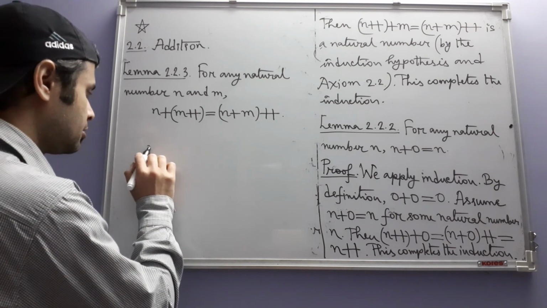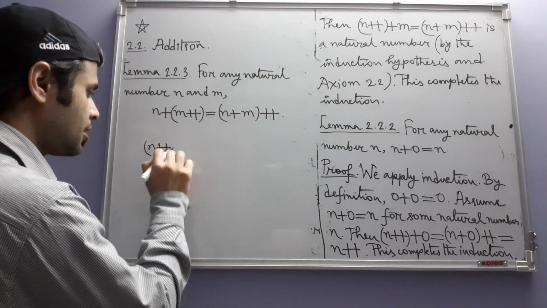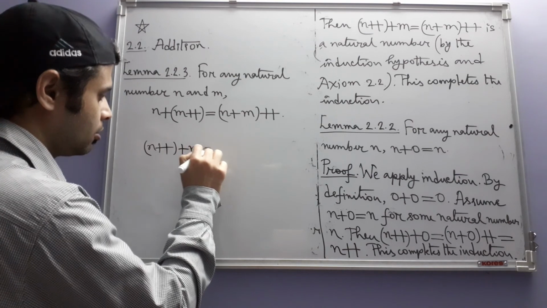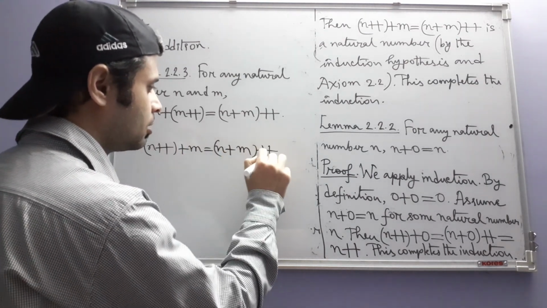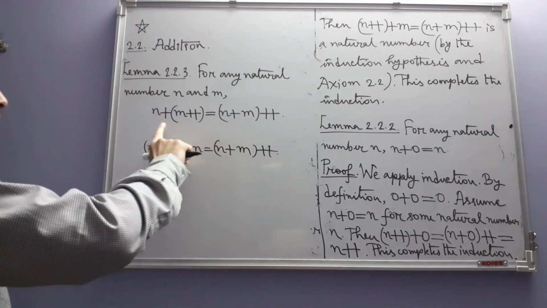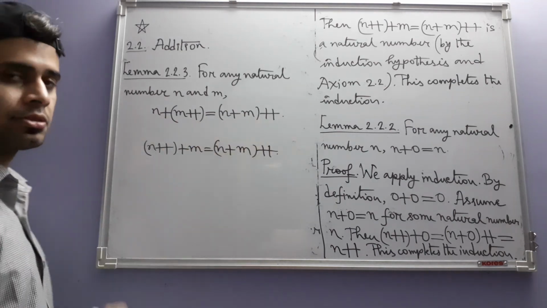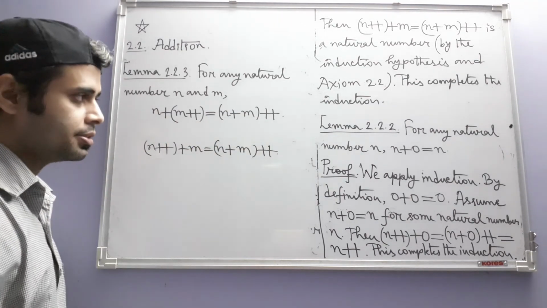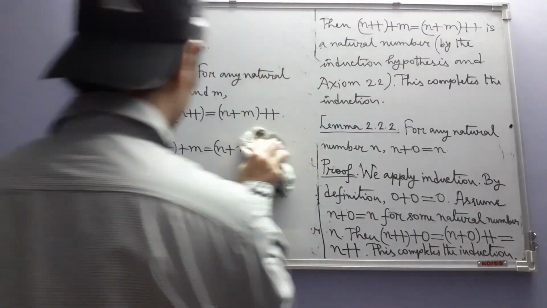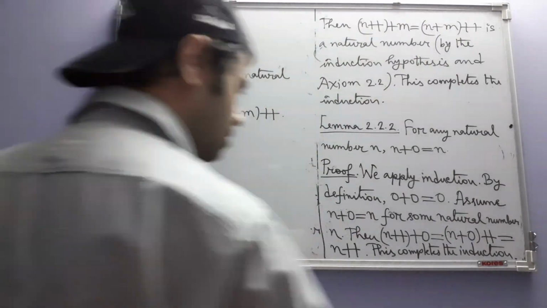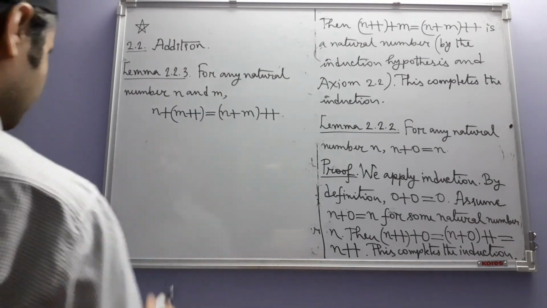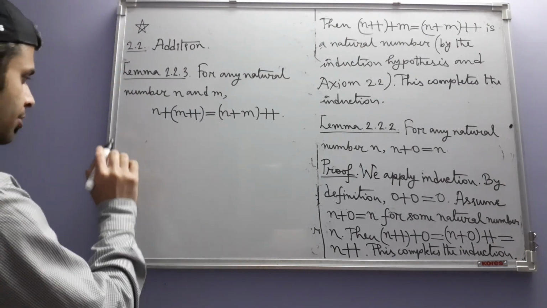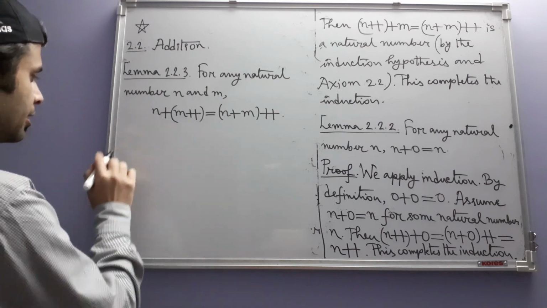What the definition says is n plus plus plus m is equal to the successor of n plus m. So that means the definition does not immediately tell me that this is also true. I have to prove this. Here also the proof goes by induction, but since two variables are involved, I have to mention on which one I am applying induction.